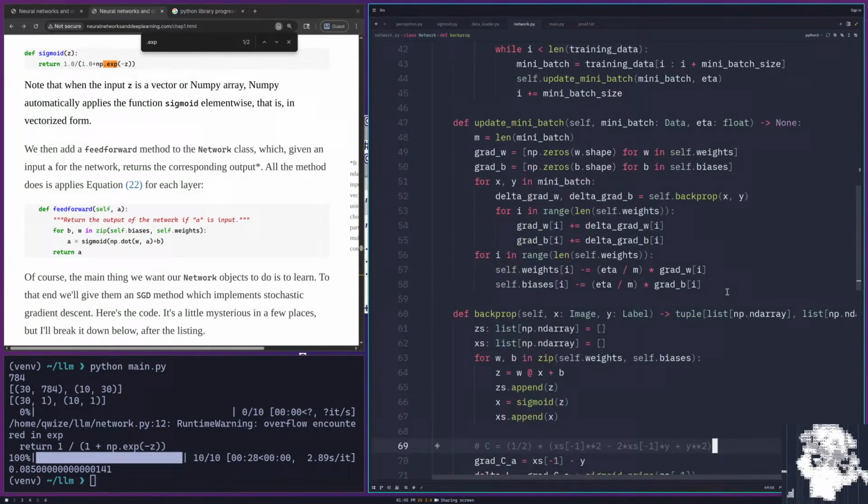Oh, maybe I'm not doing this part properly. But the fact that the shapes are right makes me wonder how I could not be doing it properly.